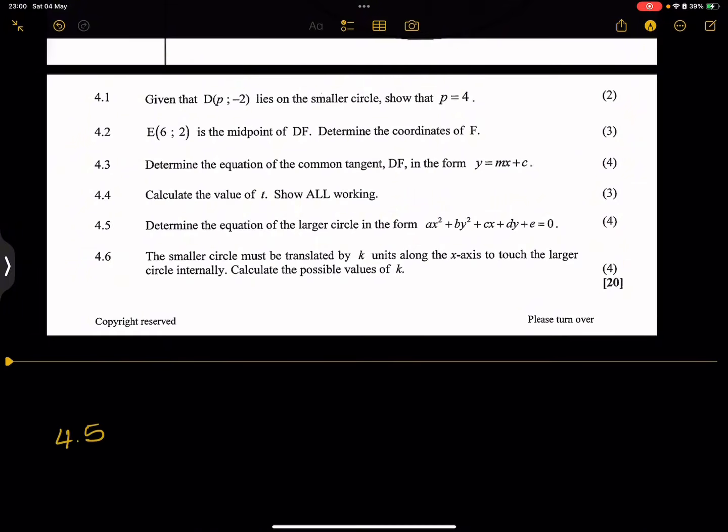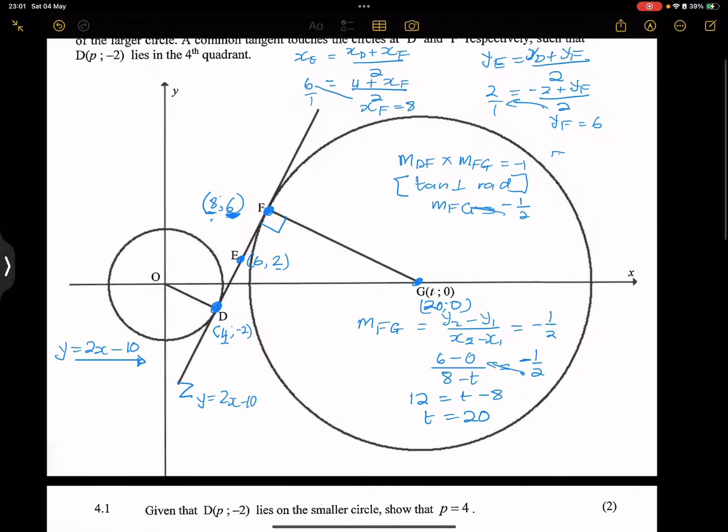So that would be x minus 20 squared plus y minus 0 squared, which is equal to, now we need to find the length of the line FG.